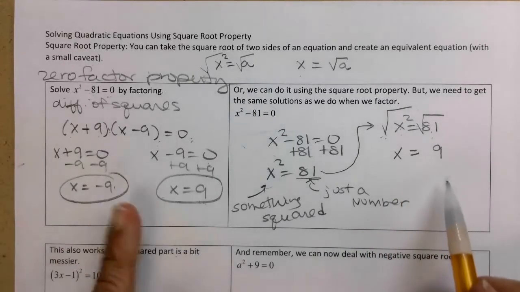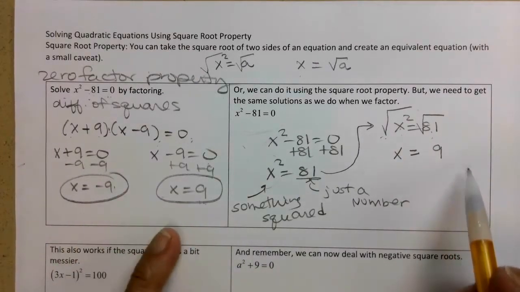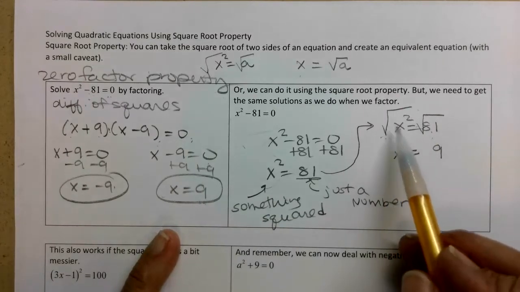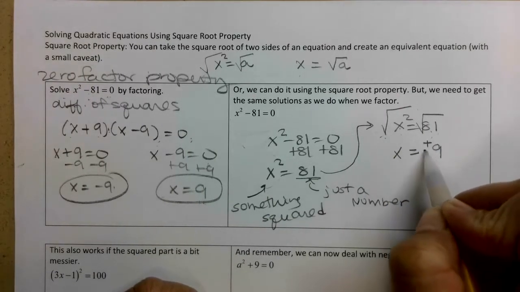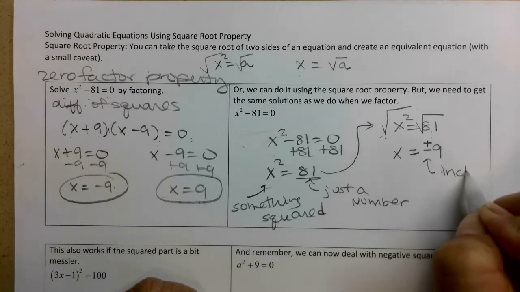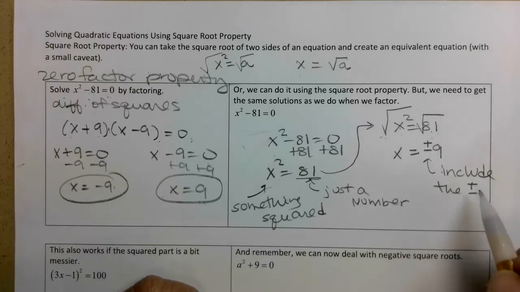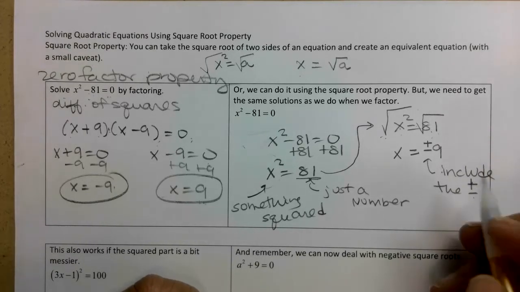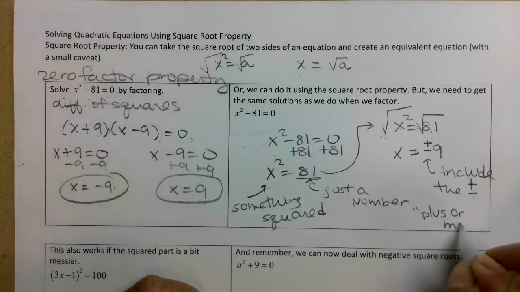Now, remember I wanted to get these same two solutions. So here's that caveat. If we use the square root property, what we get out is plus or minus 9. We have to include the plus, and we usually write a plus sign over a minus sign, and then we say plus or minus.